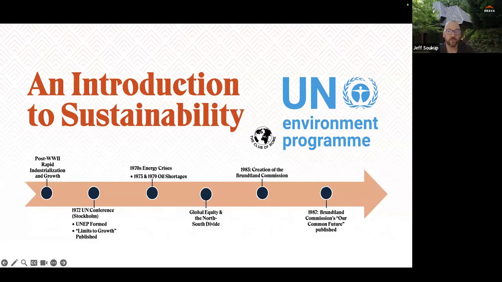But environmental concerns really continued to intensify after 1972. So you have large-scale crises like the 1973 and 1979 oil shortages. You start to see a pattern of global inequity between northern and southern hemispheres.